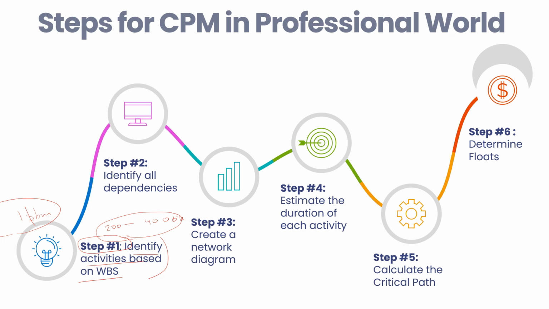Then the next step is to identify the dependencies. Remember, we discussed the preceding or succeeding activities which should be completed before starting any activity. So we have a separate column where we mark all the logic of which activity should finish before another activity starts. Now in the real world, identifying those logics requires a lot more effort, right?